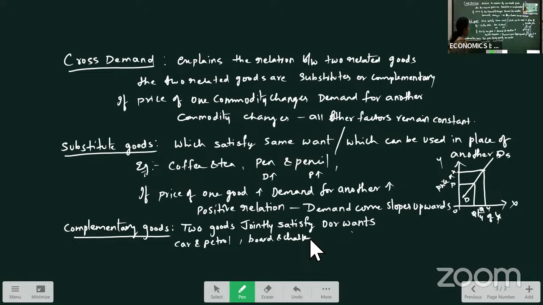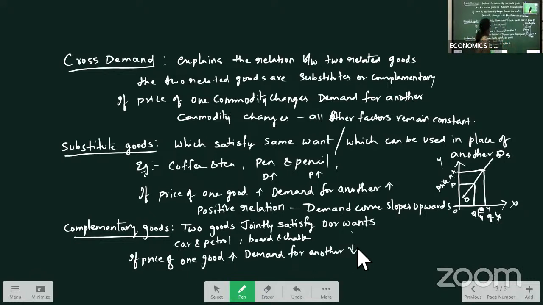In this case, what will happen? If the price of one commodity increases, if the price of one good increases, demand for another decreases. Why? See, if petrol prices are increasing, do we demand more petrol cars? No, we don't want to buy the car because petrol price is high. So, as the price is high for petrol, demand for cars is low.